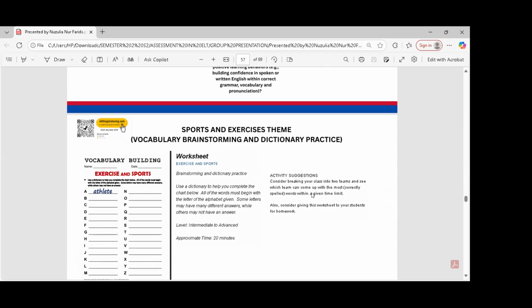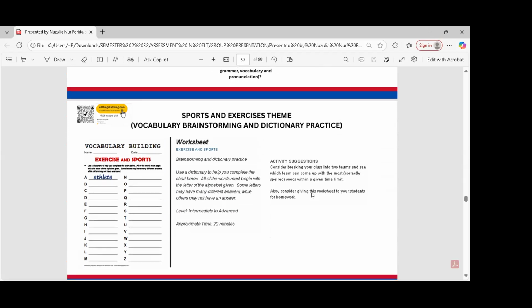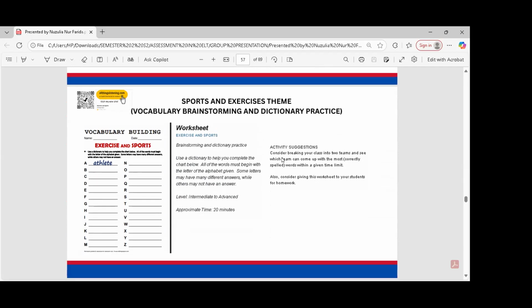Okay, so the first slide is giving us examples of vocabulary brainstorming. We could use this in the process of learning. So teachers support students with vocabulary brainstorming.